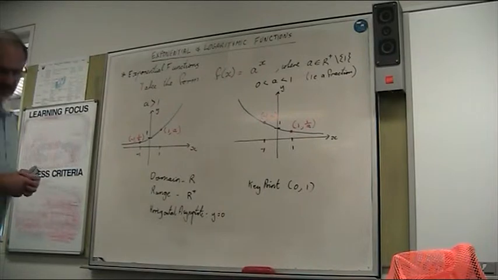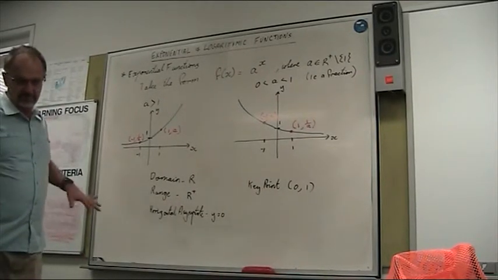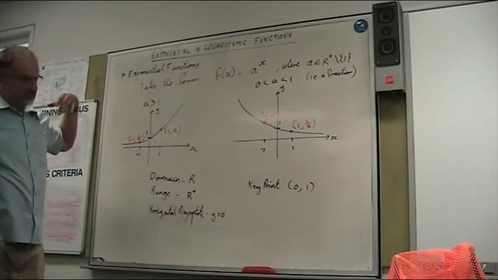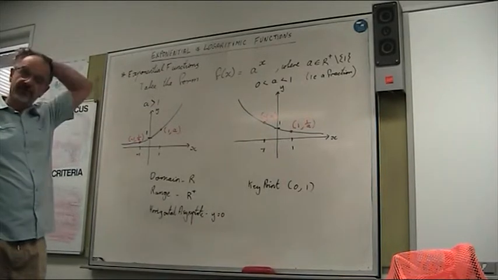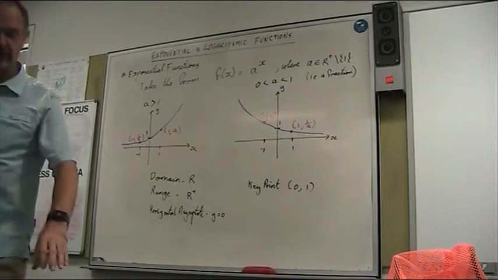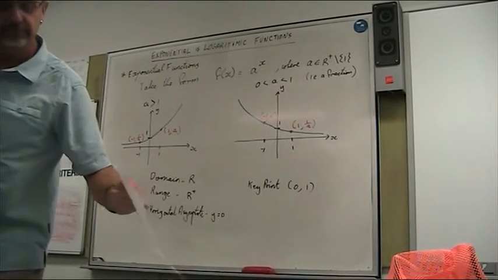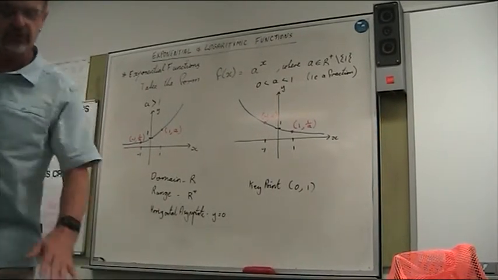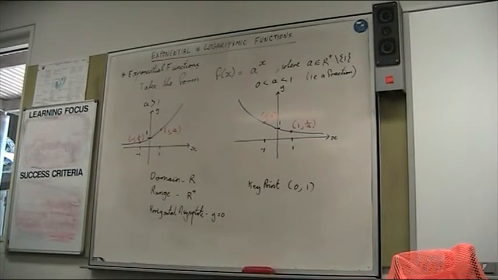Alright, so we can have some translations of these, and we'll move on to that. You can also have reflections and dilations as well, and we'll have a look and see what that actually does.